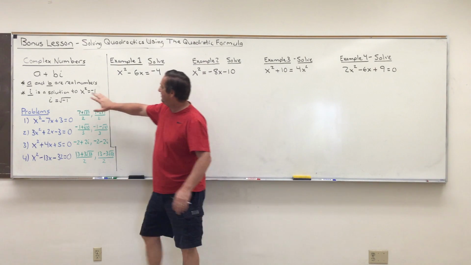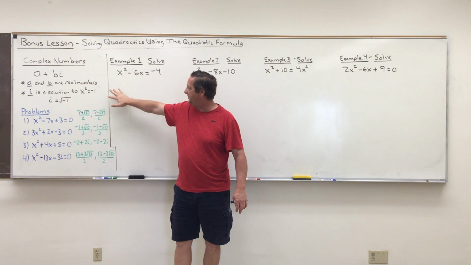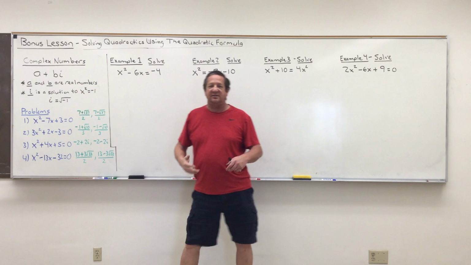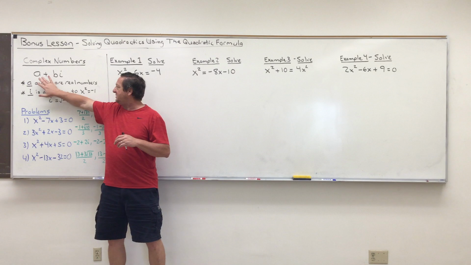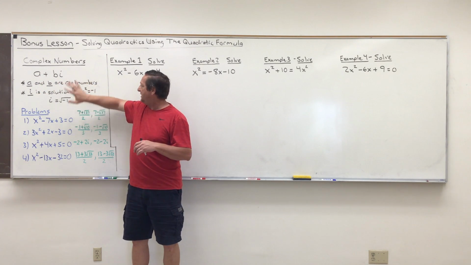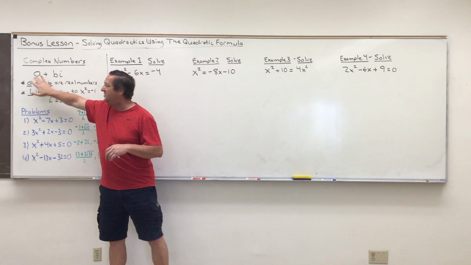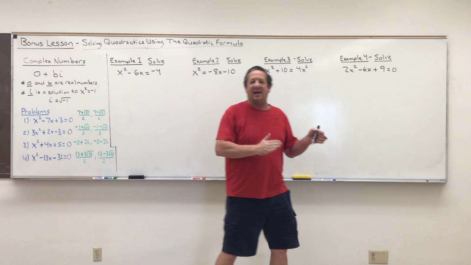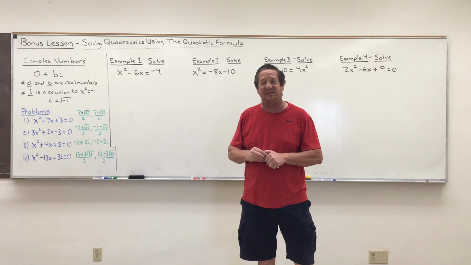So a complex number basically is a + bi, where a and b are the real numbers, and of course i is the square root of -1. I almost think of it as the real part and the imaginary part, okay? So a real number plus an imaginary number is a complex number. And if you go with the straight definition of complex, that's probably what it is.